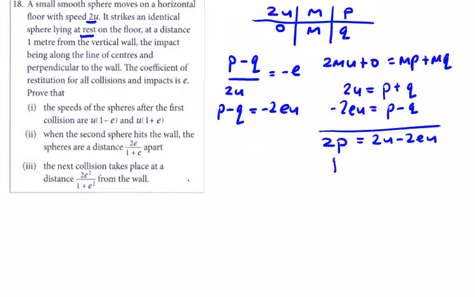And dividing by 2, we get P is equal to u minus eu. Factoring out the u, P is equal to u times 1 minus e. So that's the speed of the first one.